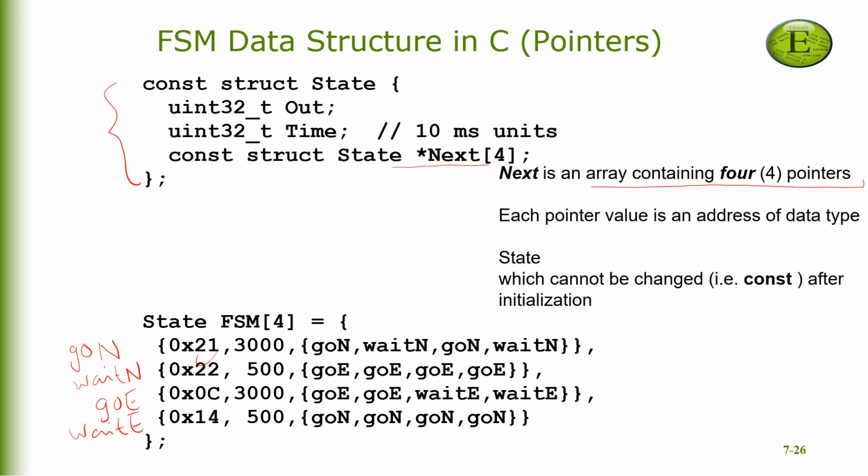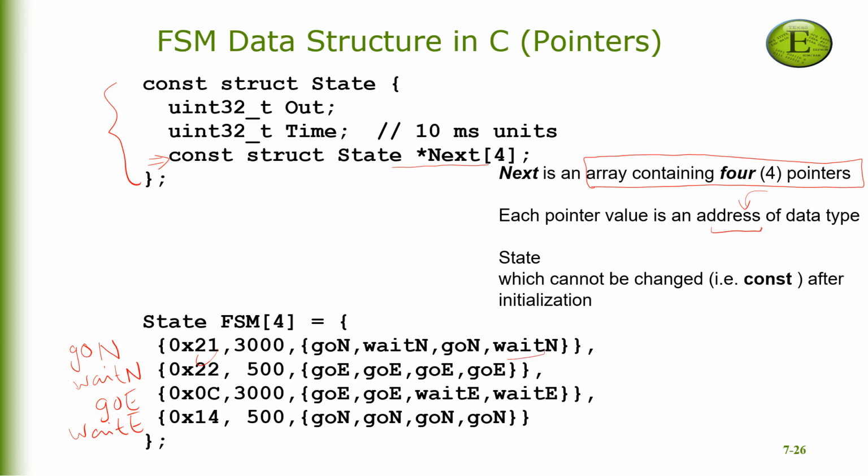Once again, it is important to emphasize that the third attribute of the state is an array of pointers, and each pointer is going to point. So what should be the value of the pointer? The question is, what does the pointer contain? The pointer always contains an address. It always contains addresses.